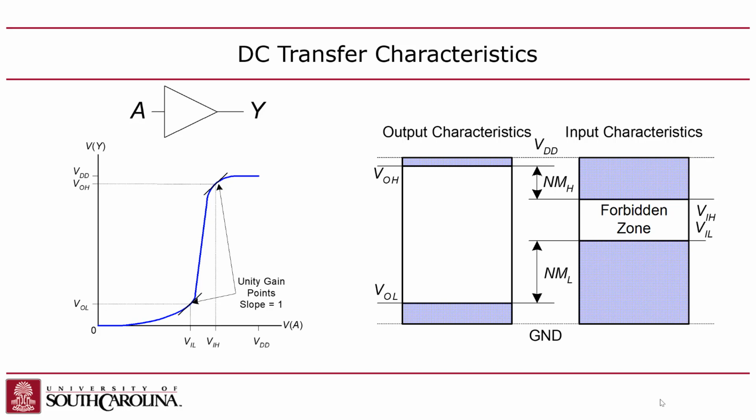As long as the noise on the wire is less than the difference between the maximum output value for a 0 and the maximum input value for a 0, then these gates can tolerate that amount of noise. That's the noise margin for the low end.